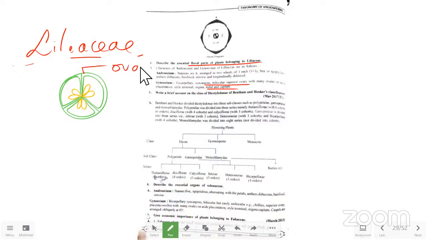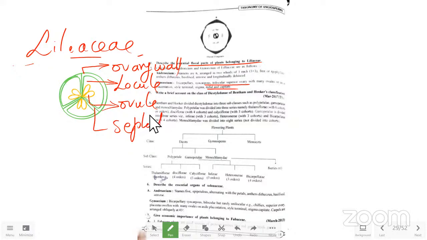Ovary wall, locule, ovule, and this is the septal wall. See how neatly we did it.